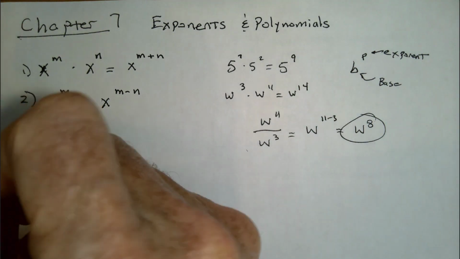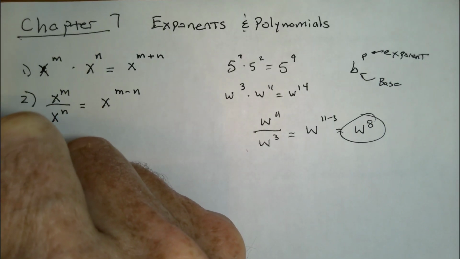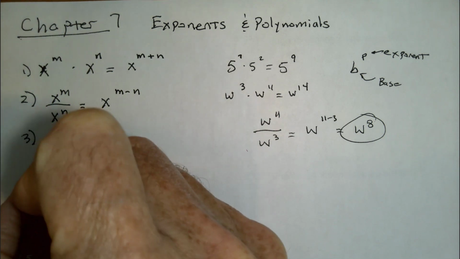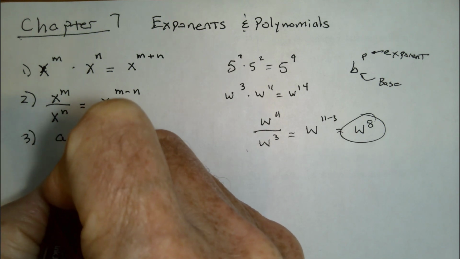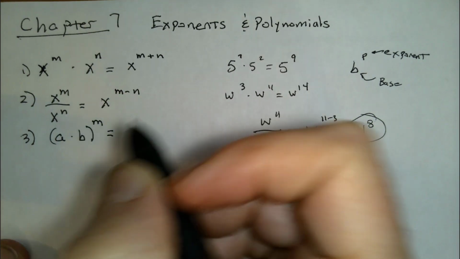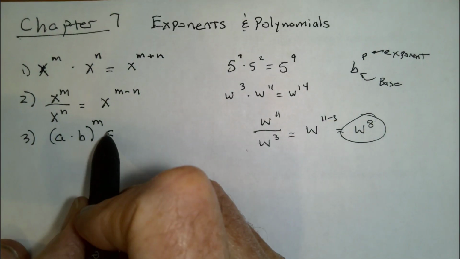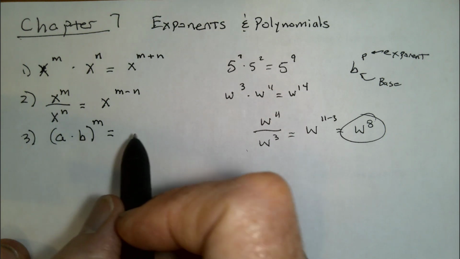There's a couple more, there's several more laws actually. If we have a base A times a base B with a power m on it, this law says everything in here is being repeatedly multiplied. So we've got AB times AB times AB times AB.